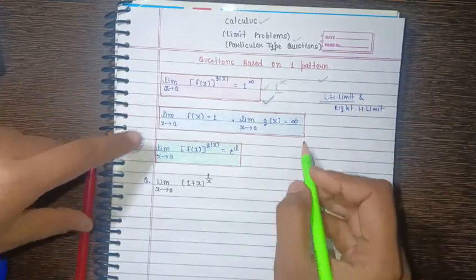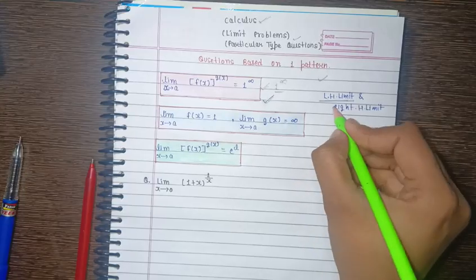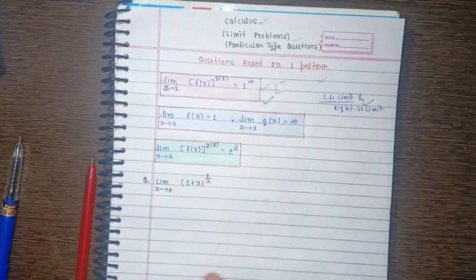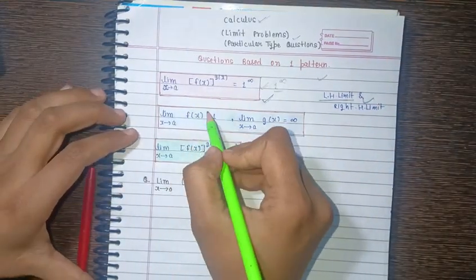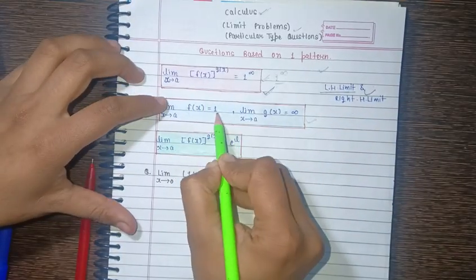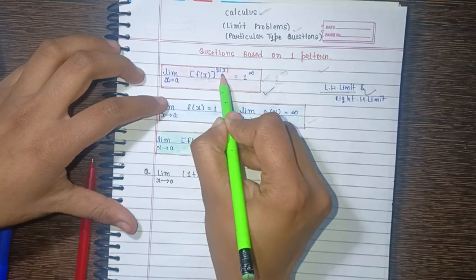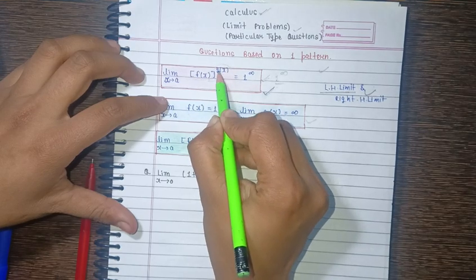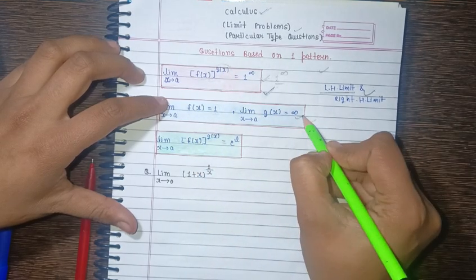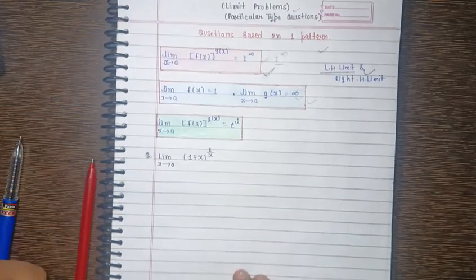You can directly find the limiting value without calculating these. So your inner function must be 1 and your power function, which is represented here using g(x), must be infinity. Then you can use this approach.